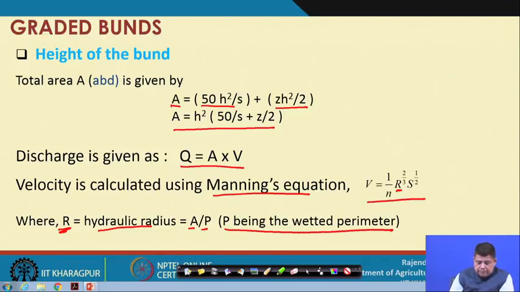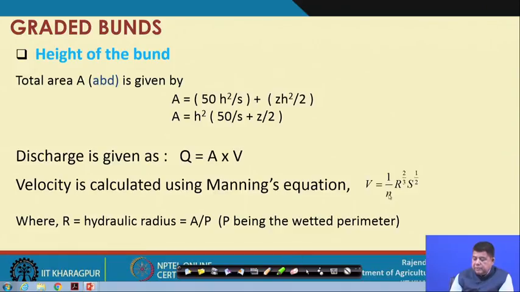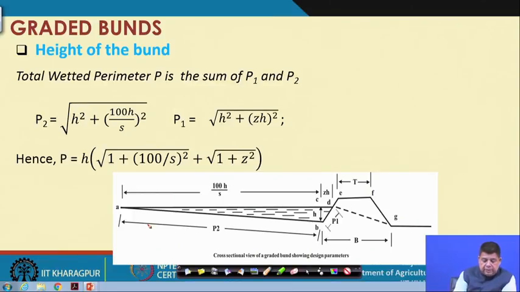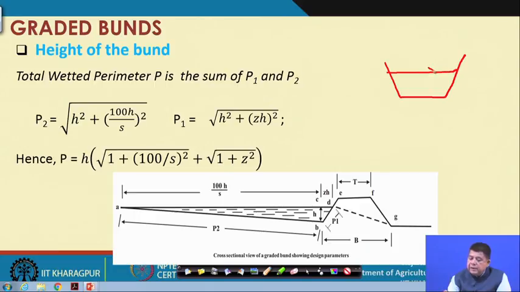If we have to apply this equation for V, then we have to calculate the wetted perimeter. The wetted perimeter, for any channel where this is the water level, is the sum of the lengths of all surfaces which are in contact with water.